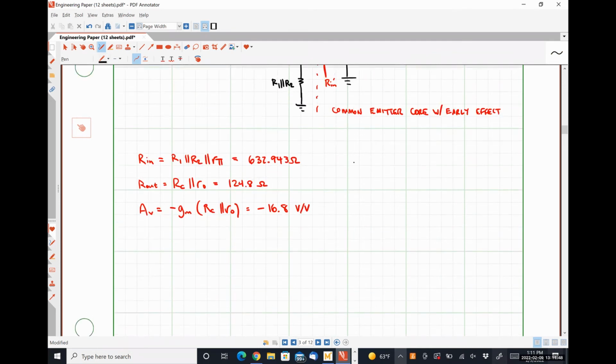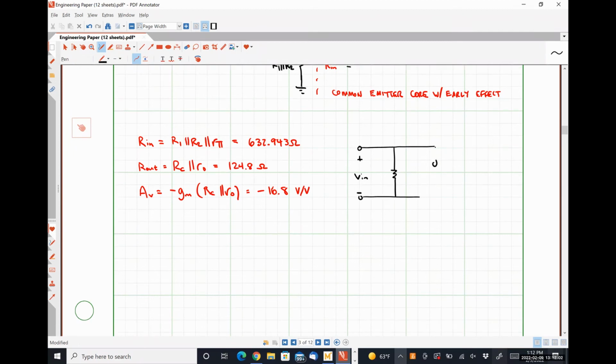So I have, at my input stage, this circuit where I just have some arbitrary resistance R. What's the transfer function of my circuit? What's the input-output relationship?